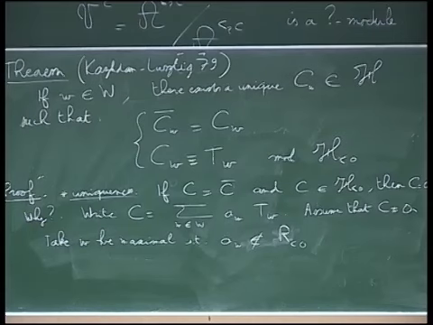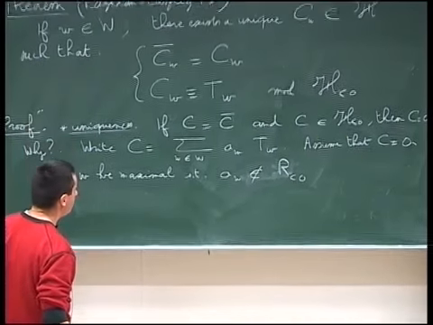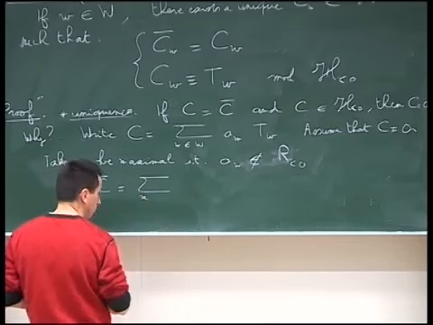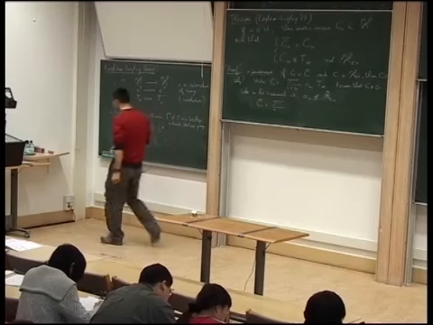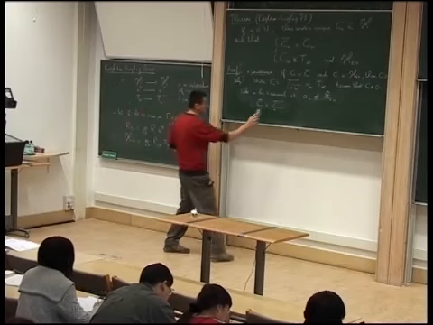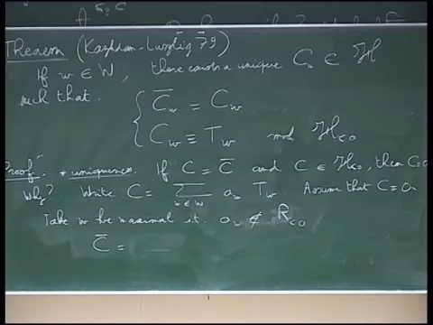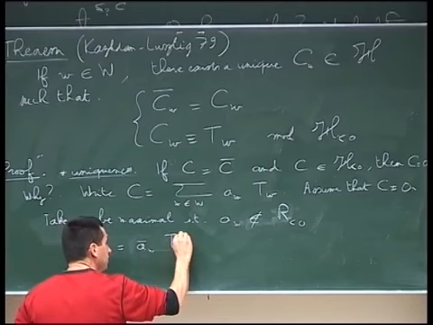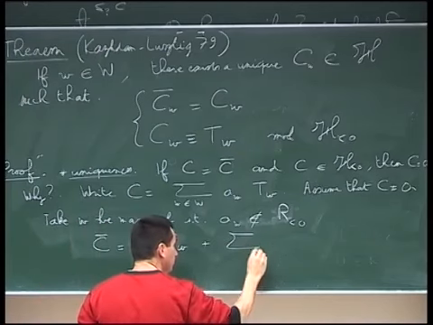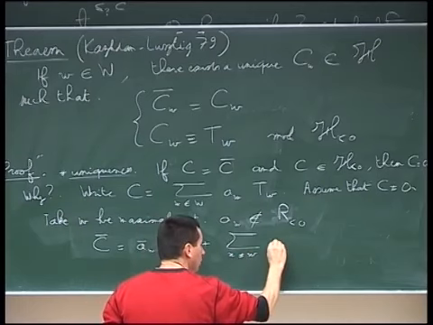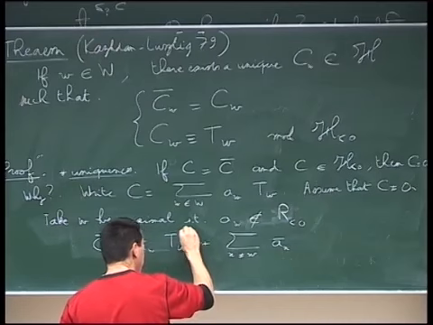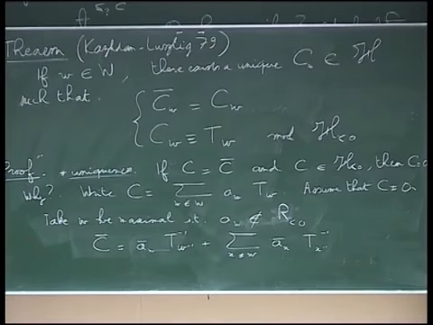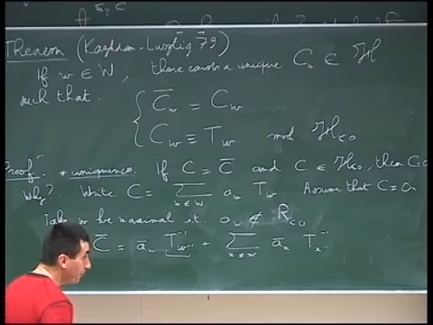And in this case, if you compute C bar, you obtain AW bar TW inverse inverse plus the sum for x different from W of AX bar TX inverse inverse. But what does it look like, this guy?